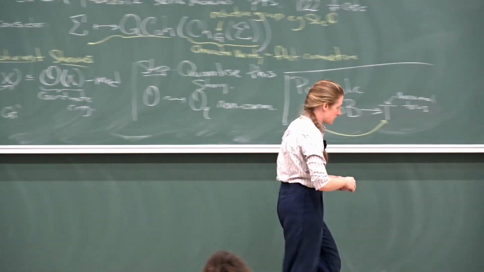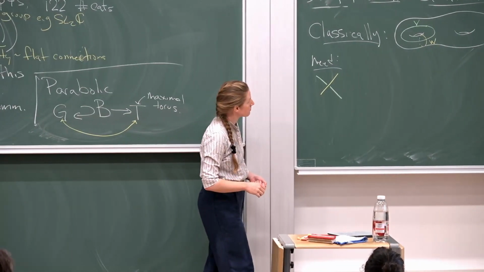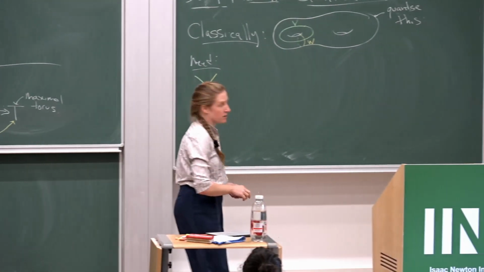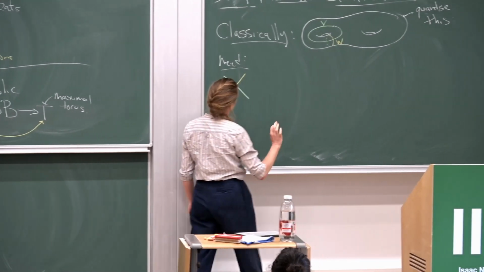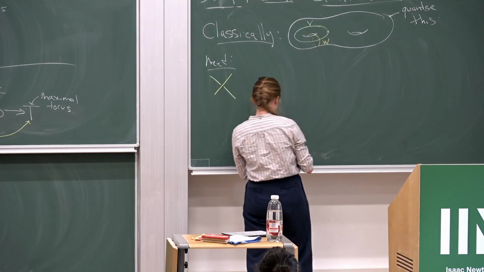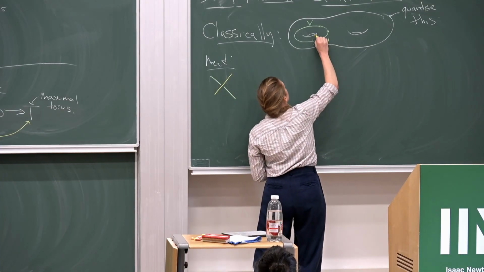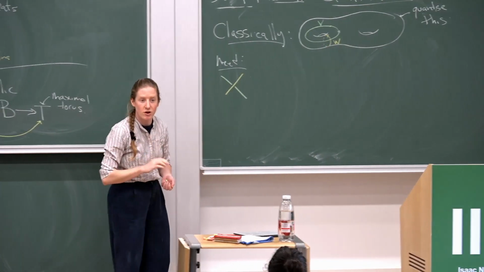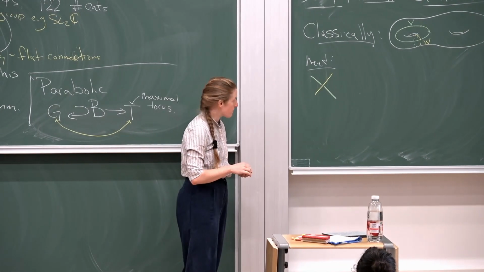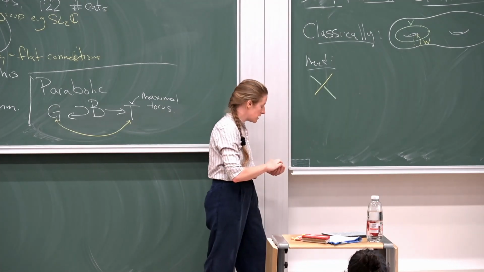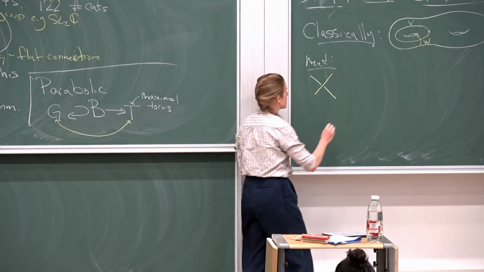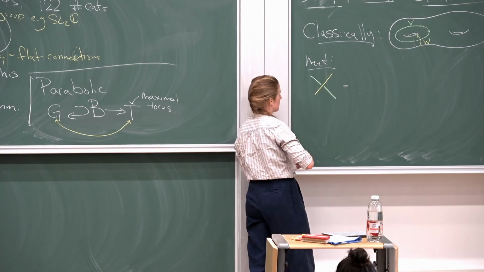Sorry, these curves are not oriented? They are oriented. Yes, they are oriented. And later they'll be framed, and I'll never draw the framing. Okay. So what we need is some deformation of this fact.